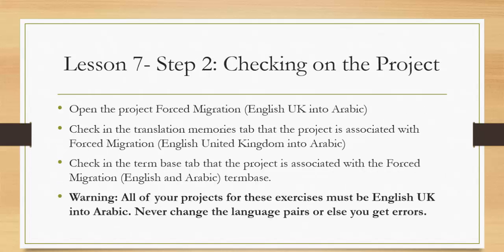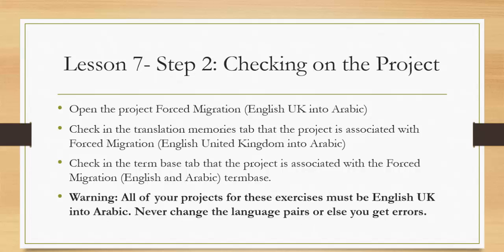Now the next step, we want to check on the project to make sure that its memory and term base are associated with the project by putting a tick in the right square. And there is a warning here. Whenever you work with this project, for these exercises, for my training here on MemoQ, we would like to ask you to always use the English UK and Arabic pairs all the time.